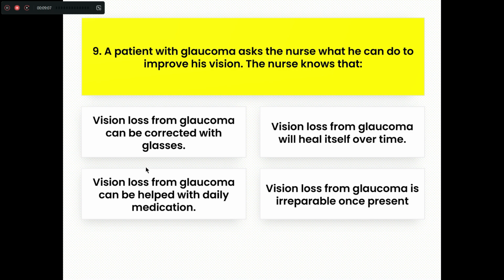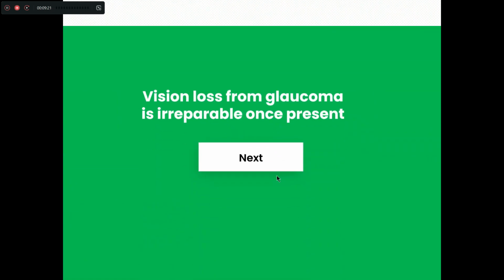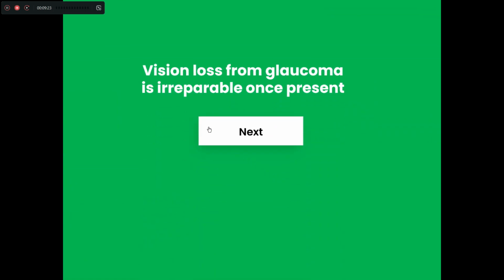Option C, vision loss from glaucoma can be helped with daily medication. Option D, vision loss from glaucoma is irreparable once present. The right answer is option D. It's due to the damage of the optic nerve.